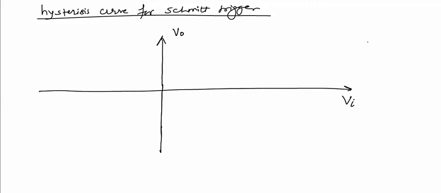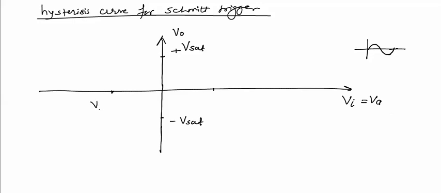Remember that this Vi voltage is a sinusoidal voltage which was applied at the inverting input of the op amp, and output can have two different values, that is output can either be plus Vsat or minus Vsat, and we'll be comparing this input voltage with Vb, because this is the voltage at the non-inverting input, that is Va.